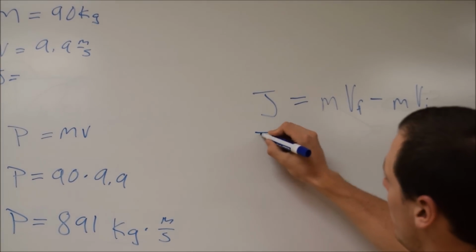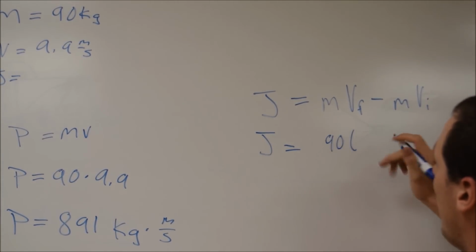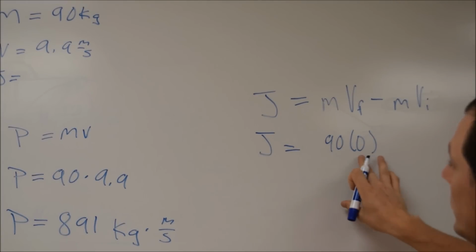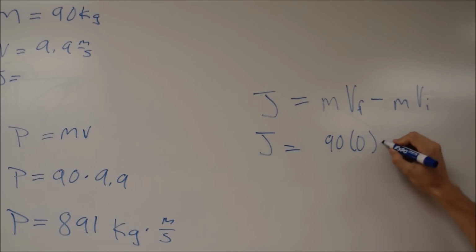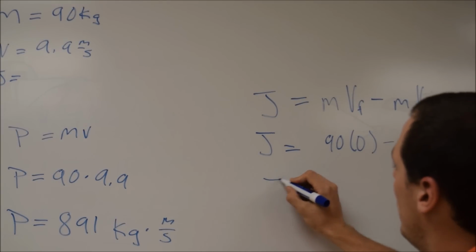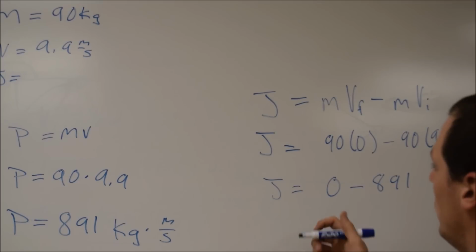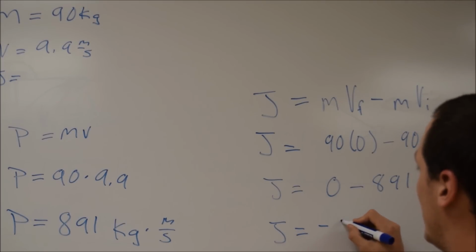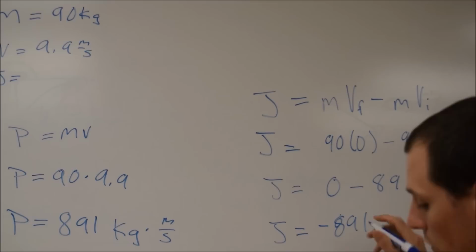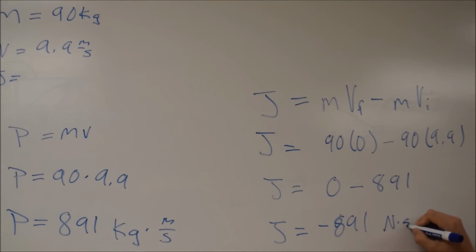So our impulse is equal to 90 times the final velocity, which is going to be 0 since the person is stopped, minus the mass again, 90, times the initial velocity, which is 9.9. When we do this, we end up with impulse equal to 0 minus 891. Otherwise, impulse is equal to negative 891. And the unit for that is going to be Newton-seconds.